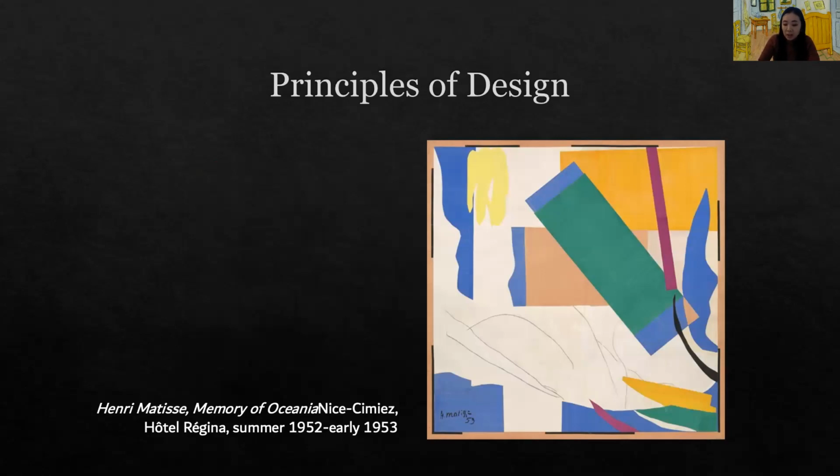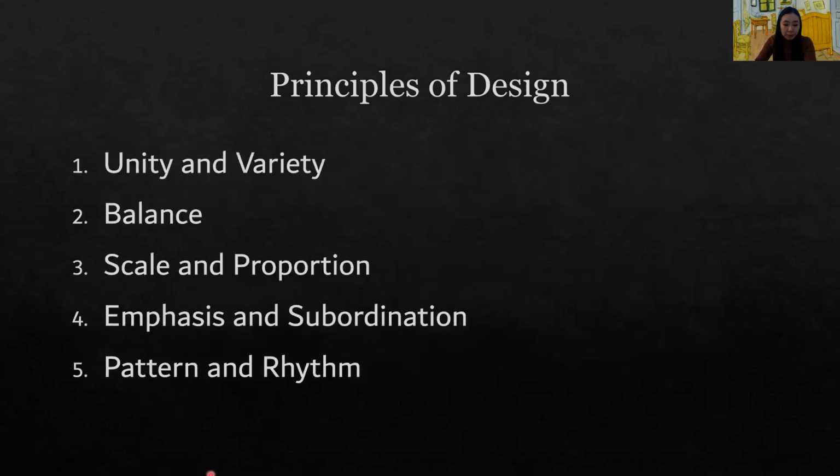So artists design their composition using guidelines known as the principles of design. Artists use these five principles of design when they create compositions. First, unity and variety.